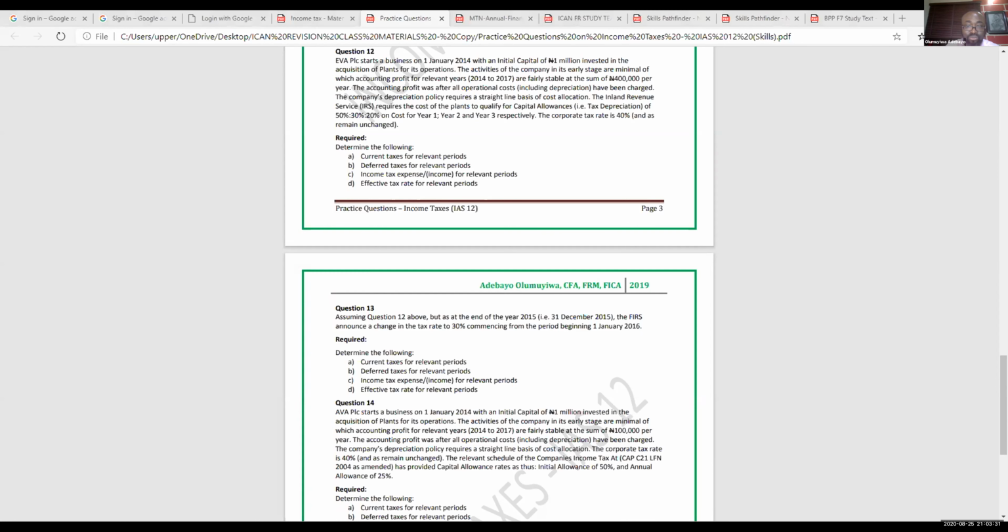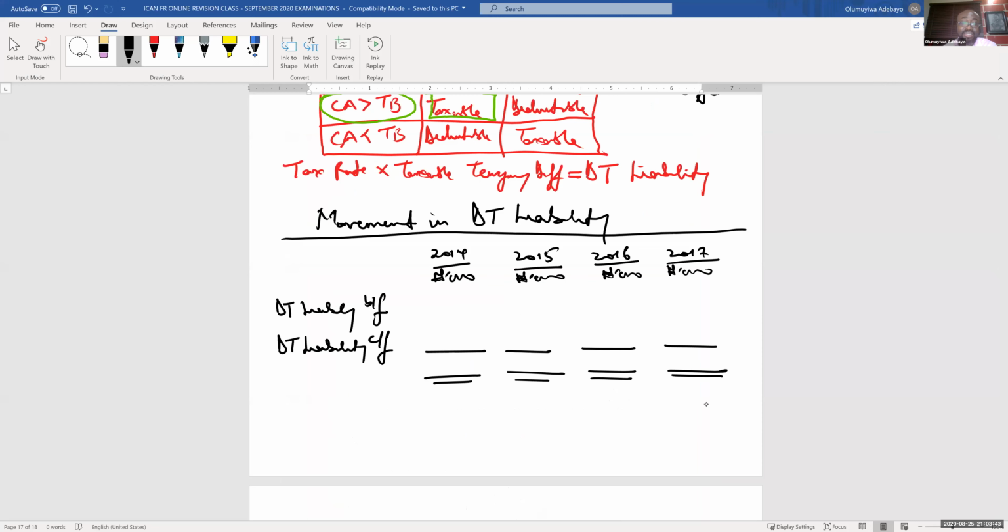Okay, we go back to our board. Now, deferred tax liability brought forward in 2014 is zero because that was our starting year. But as at the end of 2014, it stood at 100. Can you remember?